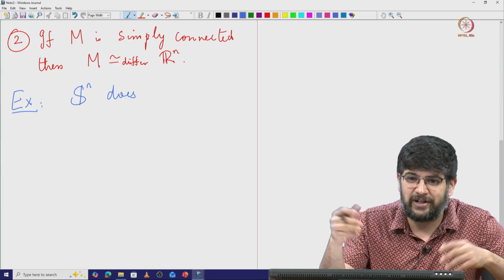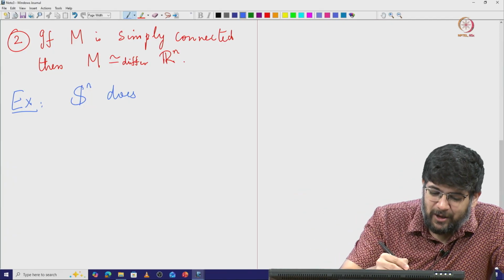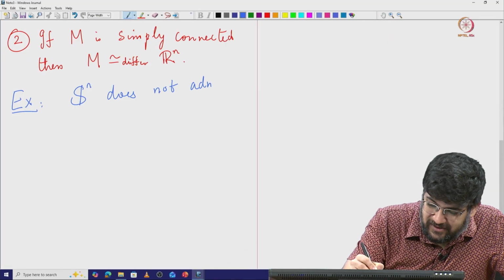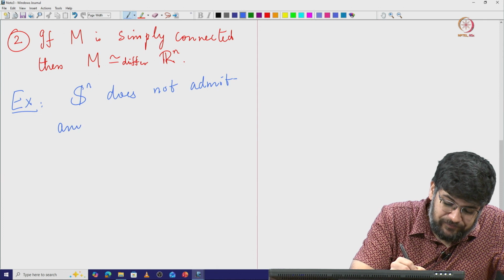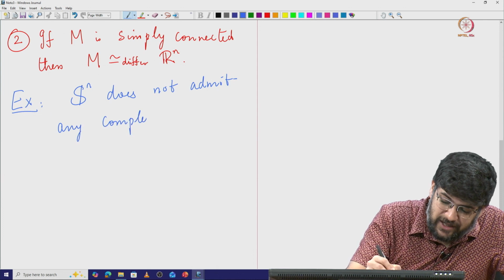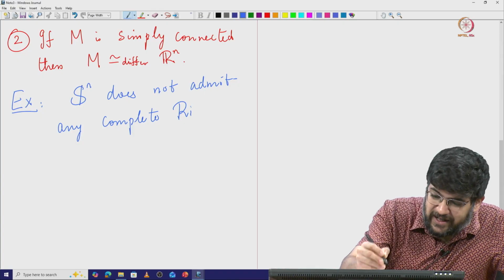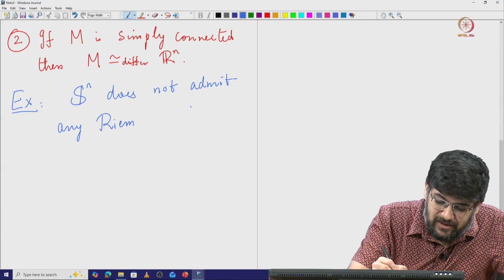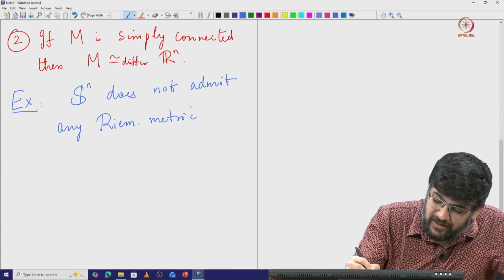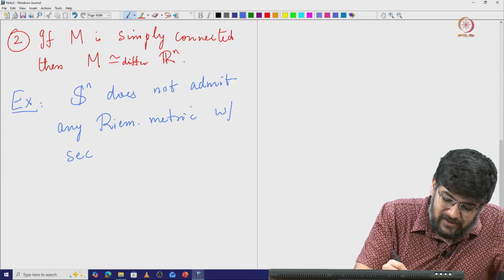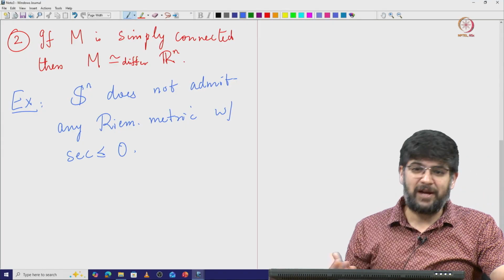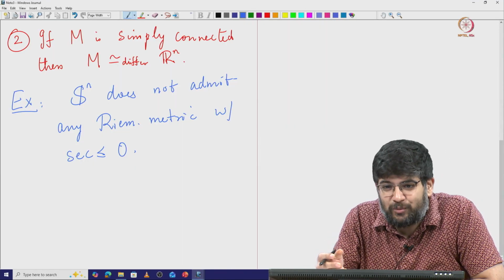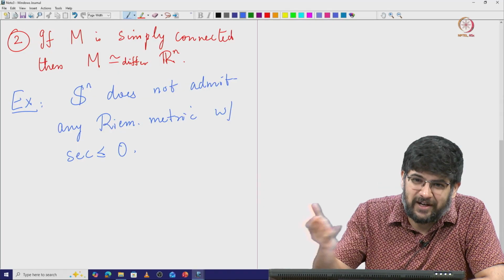There are plenty of Riemannian metrics on any given manifold, but what this shows you is that S^n does not admit any complete Riemannian metric with non-positive sectional curvature. In fact, any Riemannian metric on it is compact, so it is automatically complete. Why? Because S^n itself is simply connected, and we know that S^n is not diffeomorphic to R^n, right. I mean, one is compact, the other one is not compact.